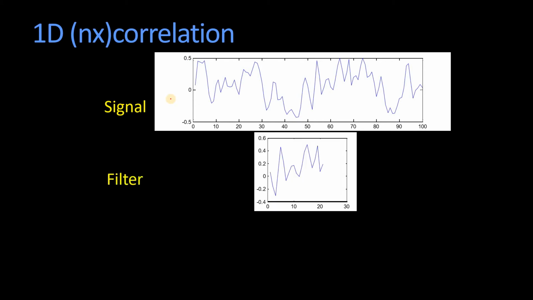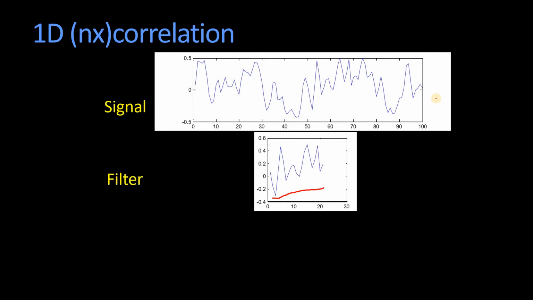Now what we want to do is find a specific pattern in this signal. The pattern is given over here. If I try to find it myself, it's not easy to find this pattern in the signal, in the data.